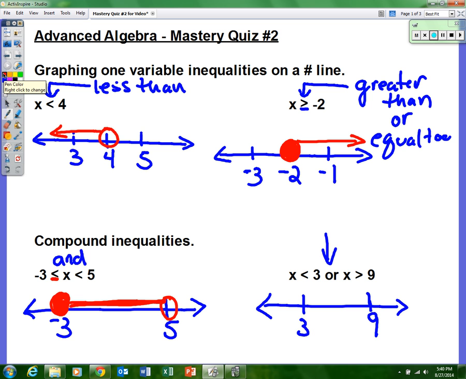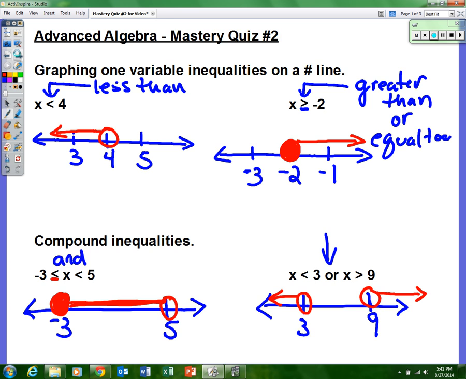So both of them are going to have open circles. Now think about it. X is less than 3. That will go left. And x is greater than 9. That one will go right. So or, they go in opposite directions. It's this or this. Okay, so those are the basics.